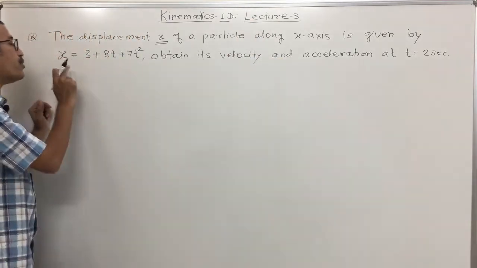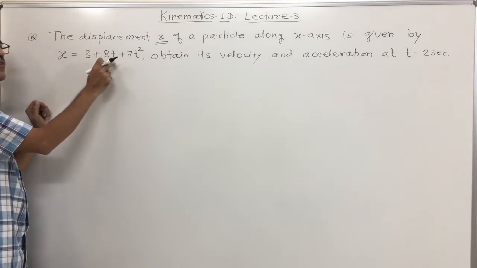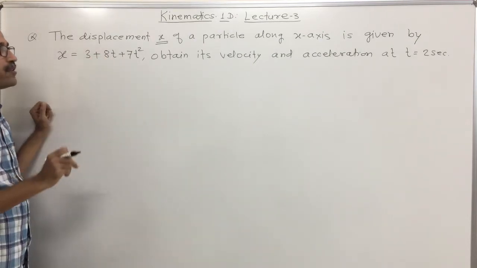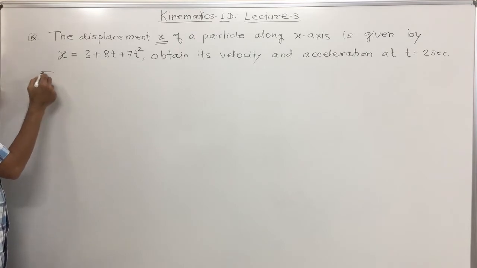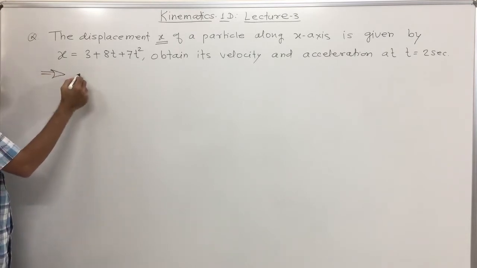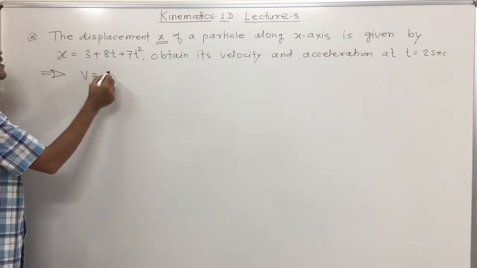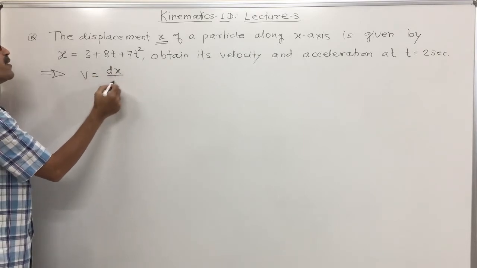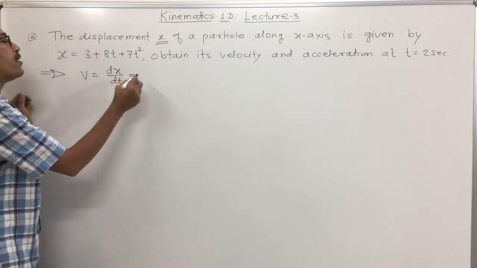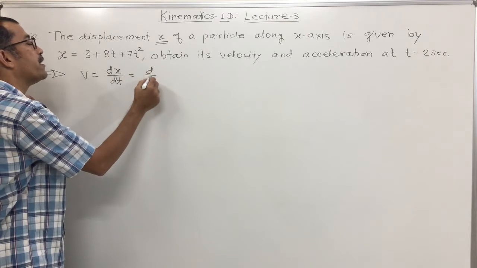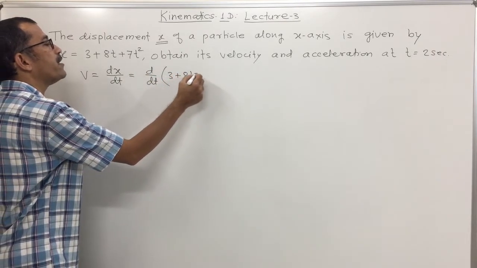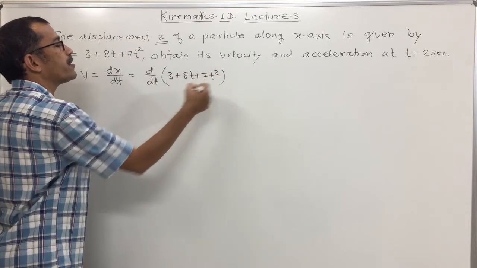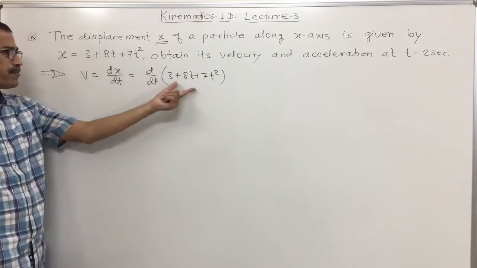Now, when you know x in terms of time t, how will you get velocity? For that we will differentiate, right? X is given, that means your velocity v is dx by dt. That means d by dt of 3 plus 8t plus 7t square. Simple, right?